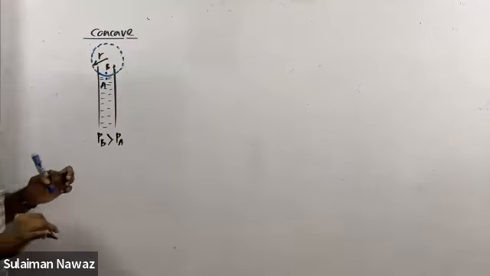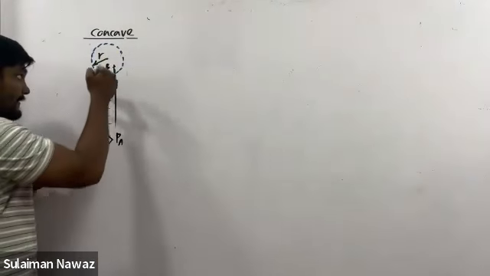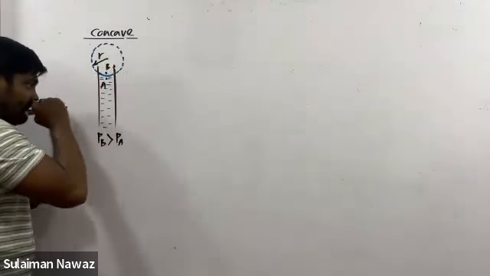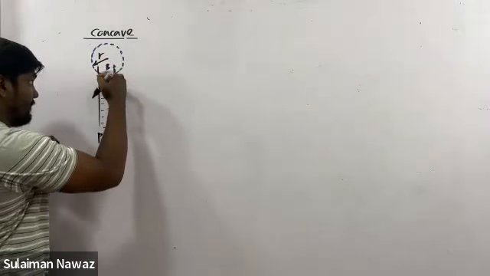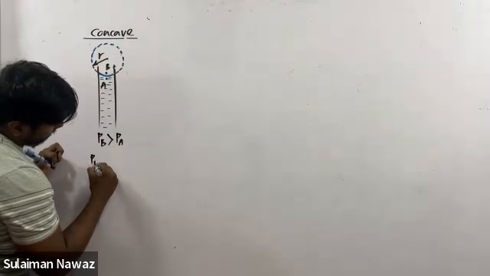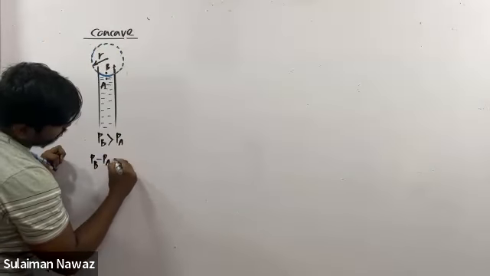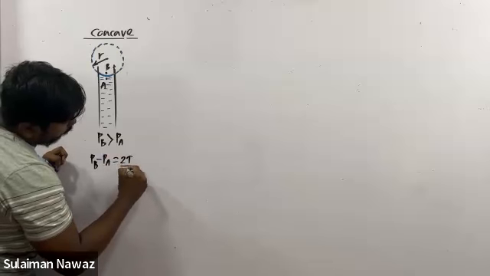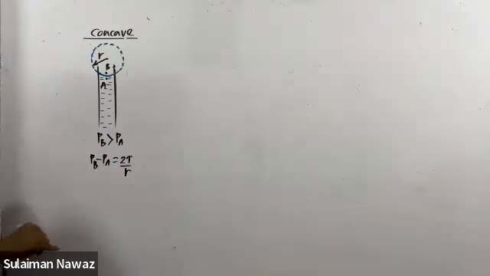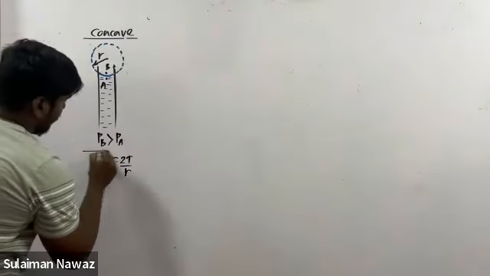An important point. If you want to find the excess pressure, PB minus PA, equals what? 2T over simple r. Am I getting 2T over simple r?